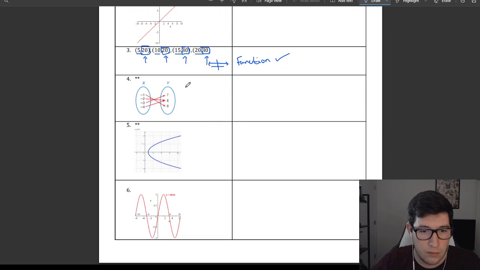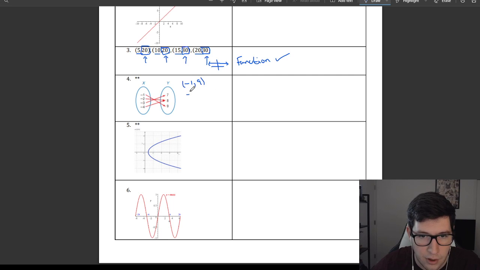So then we're going to look at number 4. Number 4, we're given 2 sets of values for x and for y, and some arrows indicating exactly what they are. Now, I would say if you're looking at this and there's kind of a lot going on, to make this easier for you, write out a list of what this is actually saying. So first I have -1, 9. Okay, so I have the point -1, 9.